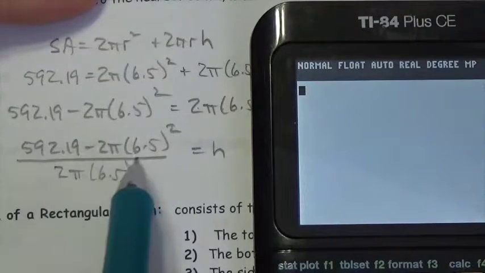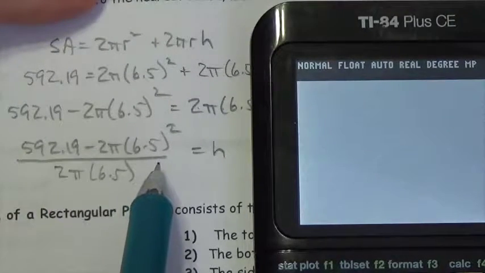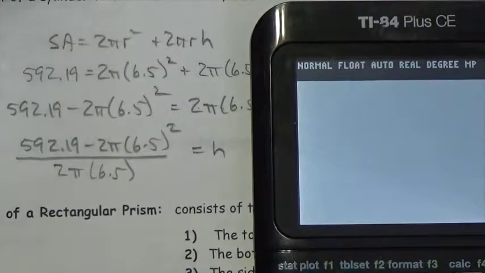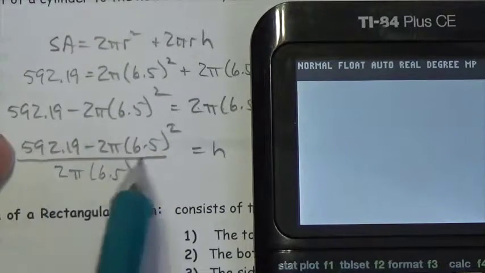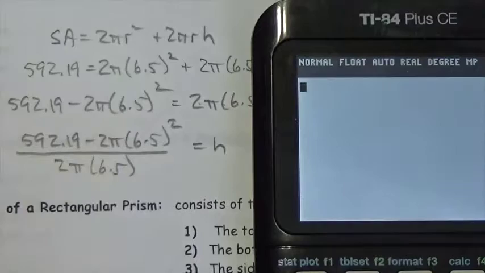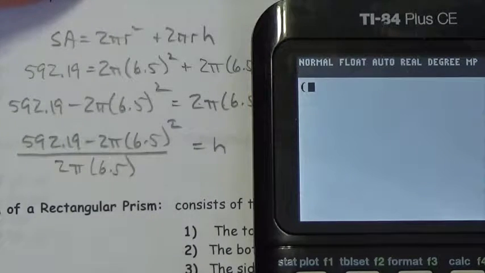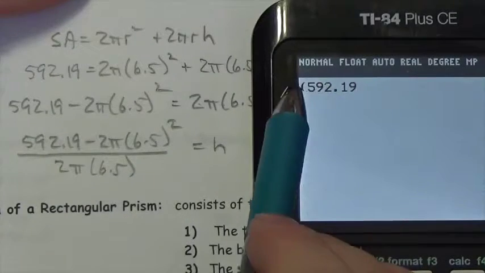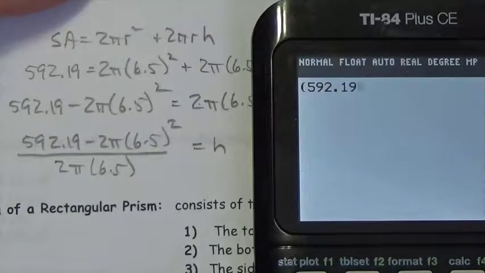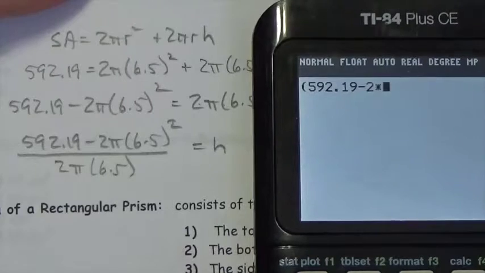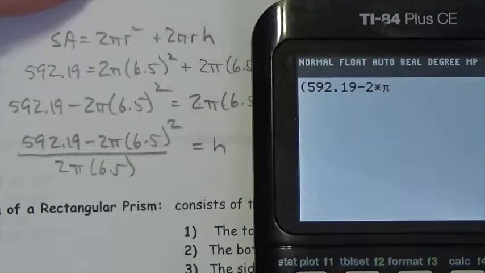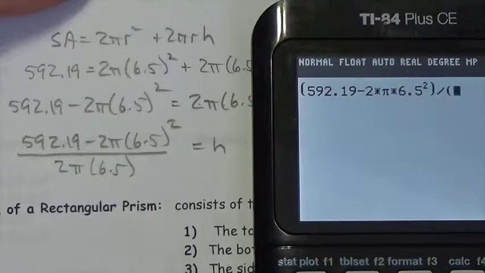There is this bar right here, which means division, but there's a little bit more to it than just that. That bar implies a set of brackets around the numerator and denominator, and if you don't put that in, you've done it wrong. So I've got to put parentheses around the 592.19 minus 2 times pi times 6.5 squared, then close that set of parentheses for the numerator, divided by, and I have to open them again for the denominator.